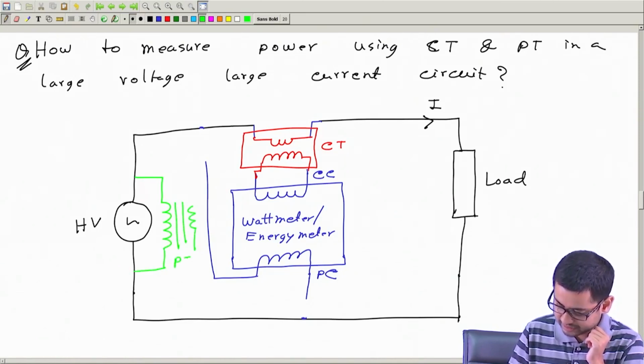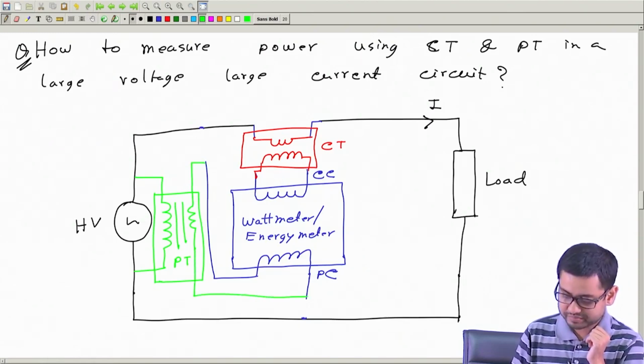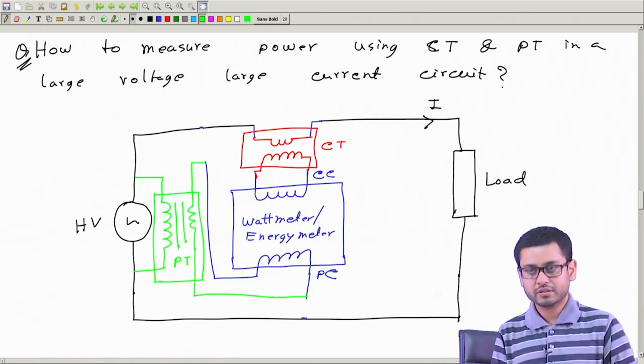This is PT, and then we will connect the secondary side to the pressure coil of the wattmeter. So that's how to do it. So simple.